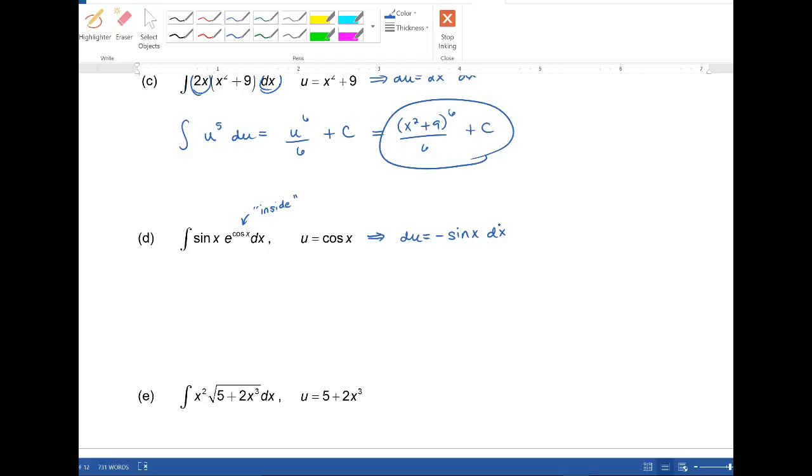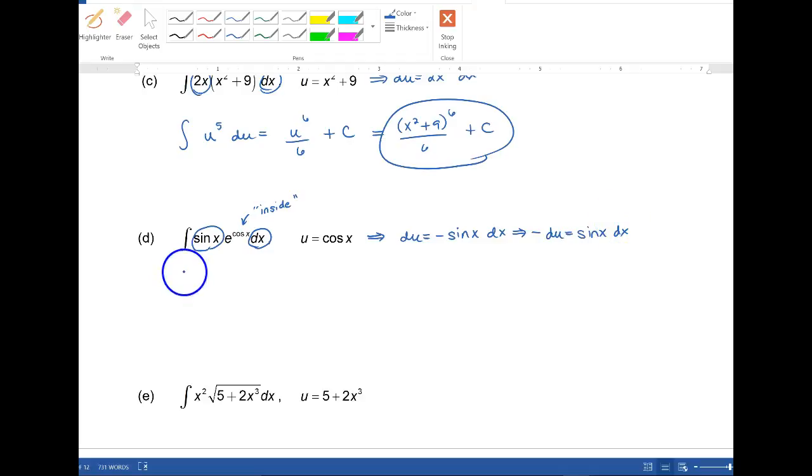Here's where it gets a little more complicated because I have a sine x and I have a dx, but I don't have a negative sign. So this is where we kind of compensate for that. So I'm going to multiply both sides by -1. In other words, negative du is equal to sine x dx.